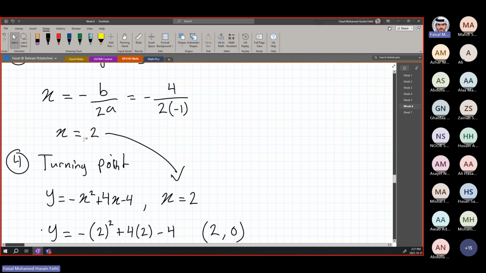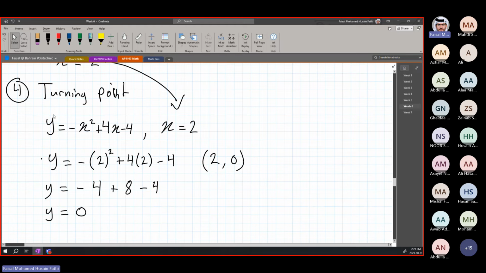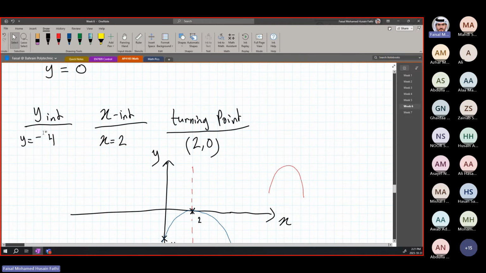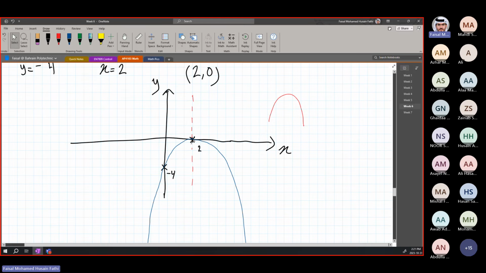In this case, it's also the same as the x-intercept. We put it back in the original equation for y to find the y coordinate of the turning point, which is (2, 0). Then you have the y-intercept, the x-intercept, and the turning point. You plot the turning point, you plot the intercepts, and then you draw the axis of symmetry, and then you draw the graph that has to go through each point, the intercepts and the turning point.